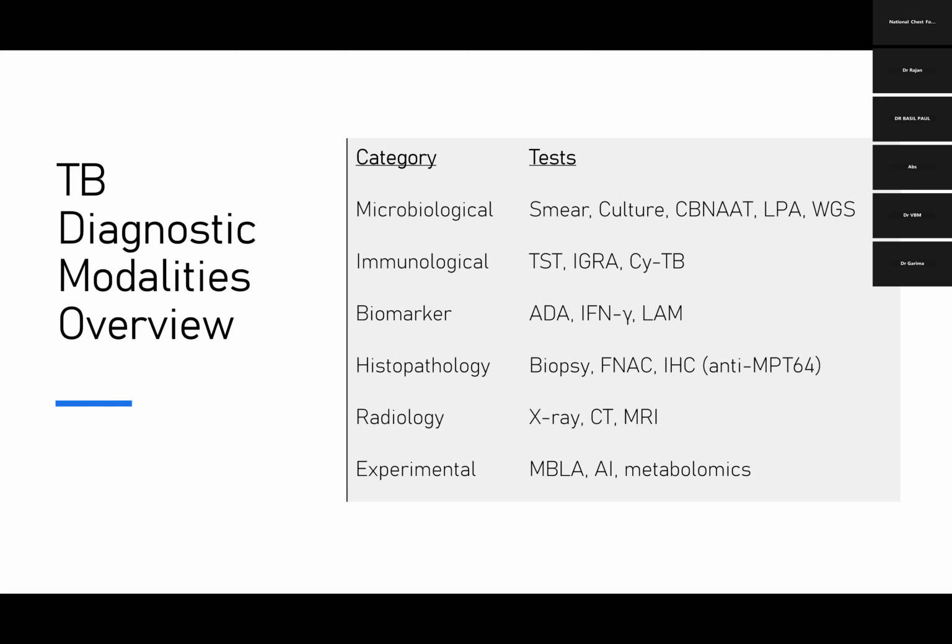Biomarkers, you have EDA, interferon gamma, and LAM. Histopathology, you can do a biopsy, FNAC, immunohistochemistry using anti-MPT64. Radiologically, you have the clinical radiological suspicion based on X-rays, CTs, MRIs, and other modalities. And the experimental are the metabolomics, the microbiological load assays, MBLAs, and AI is also coming up in diagnosis.